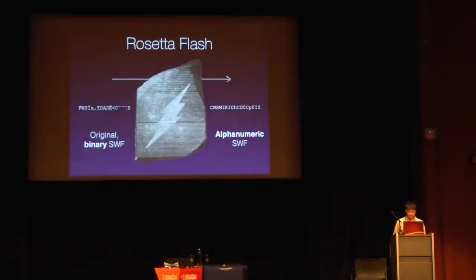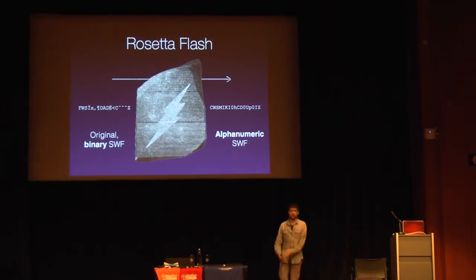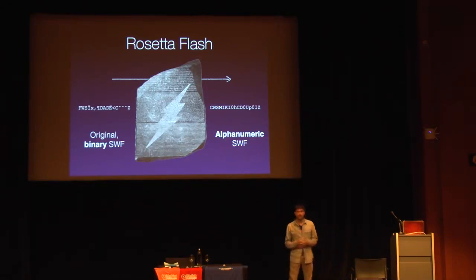But Rosetta Flash is about Flash files. Flash files normally are binary blobs, and in the callback parameter of JSONP endpoints, you can generally only specify alphanumeric characters, not binary bytes.